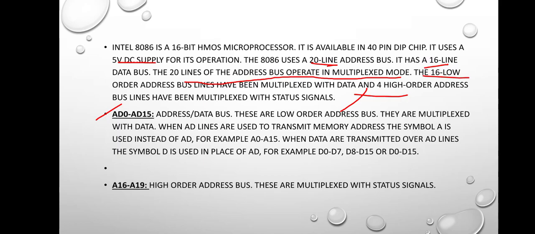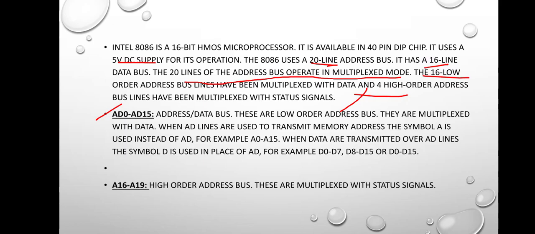Multiplexing is the process of combining more signals into a single signal, and here in this microprocessor it combines both address and data. It is used for reducing the space and bandwidth occupied.